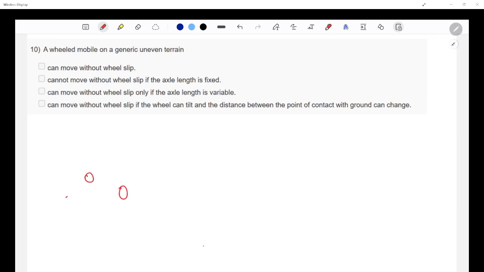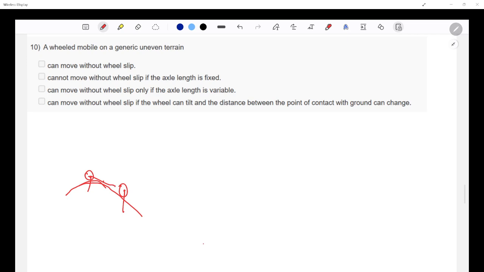So if let's say your terrain is like this, your contact points of the wheels are not at the same level. Two wheels are connected by a rigid axle, and the contact points, let's say, are P and Q. So the axle length would not be equal to the actual distance because of this not-same-level thing.